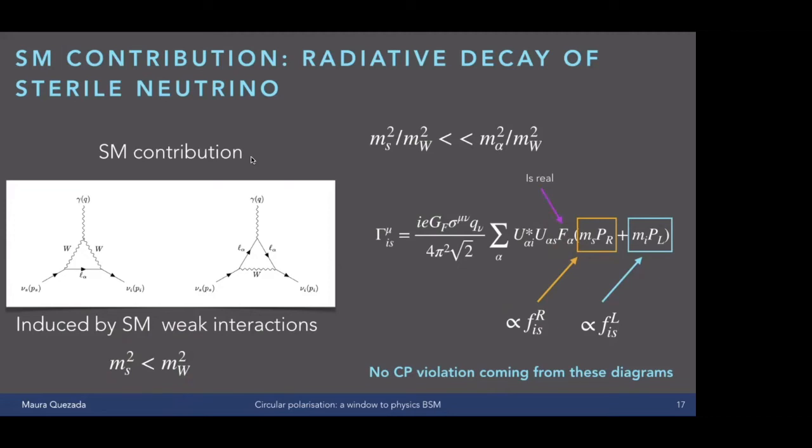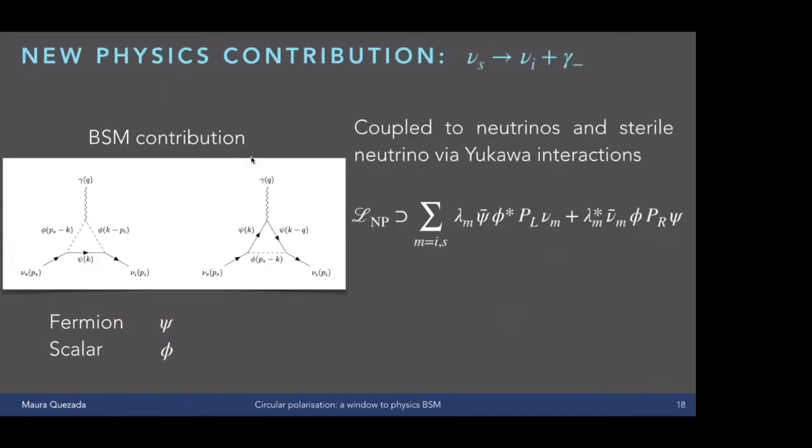Now, in order to see if we can observe some CP violation coming from these decays, we need physics beyond the standard model. So in this work, what we did was introduce two new particles, a fermion and a scalar, with opposite charge. And this is the Lagrangian describing the coupling between these new particles and neutrinos, sterile neutrino and active neutrinos.